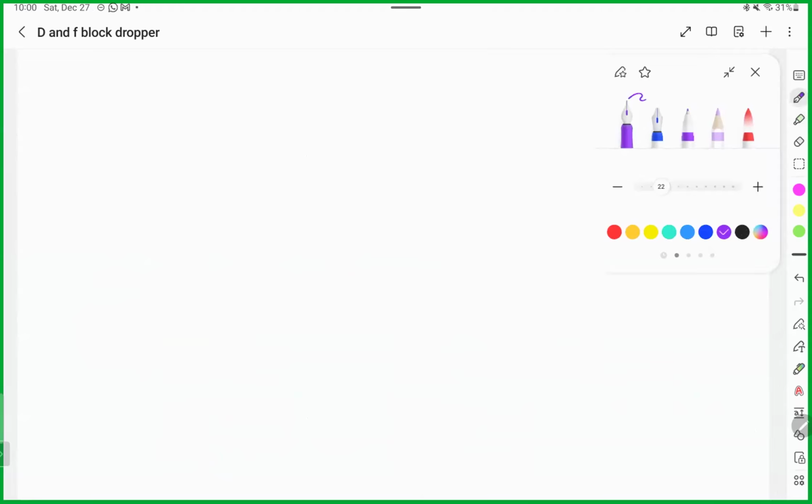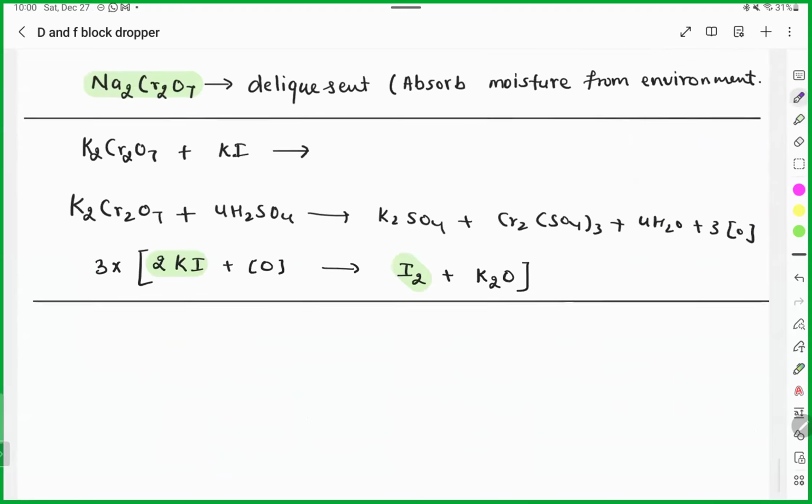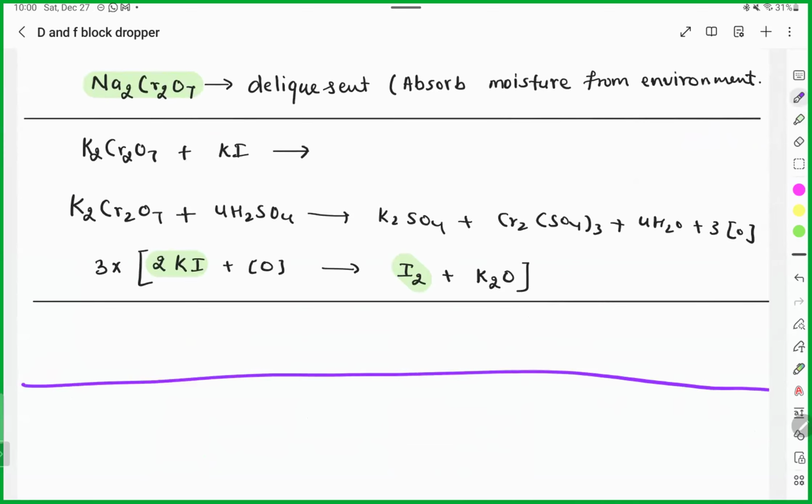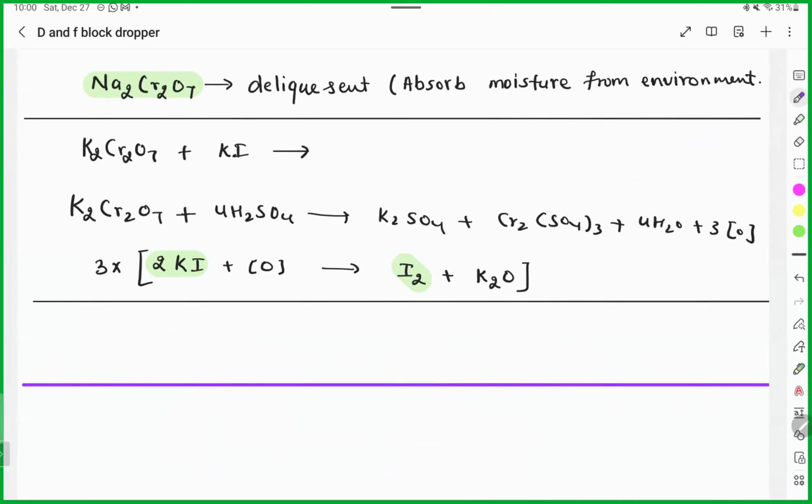So can you show the previous one? You guys have to write the complete equation. I will not write, but I'll check your notes in the end. Especially this reaction.